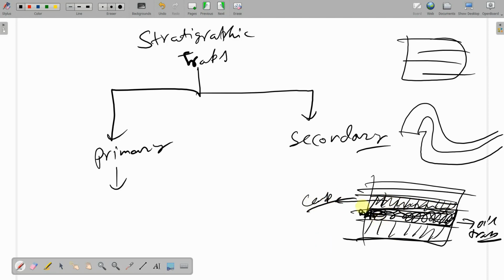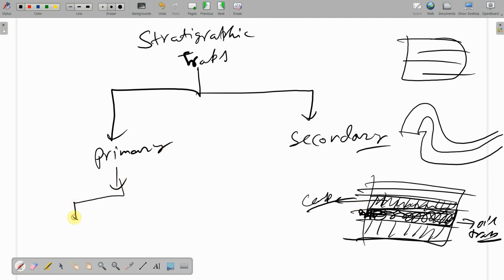So the primary stratigraphic traps can be classified into two forms. One formed in the clastic, I hope you remember clastic and igneous, in the form of lenses, and another type is the chemical rock.